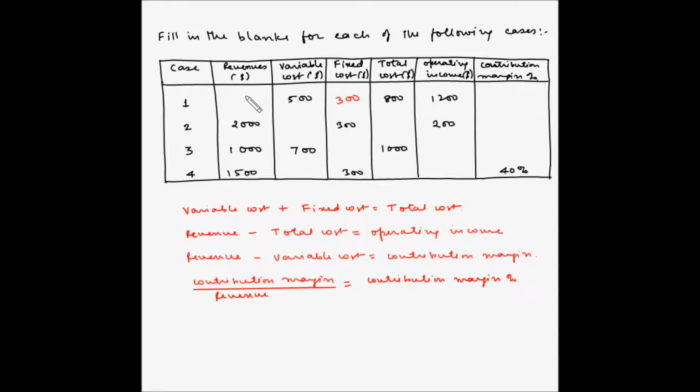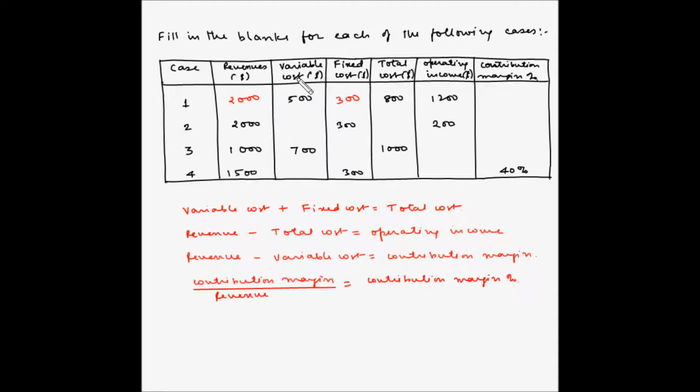Now we don't have the revenue, but we have the total cost and we have the operating income. And we know that revenue minus the total cost is equal to the operating income. So x minus 800 is equal to 1200. So x is equal to 1200 plus 800, which is 2000. Now contribution margin percentage is contribution margin divided by revenue, and contribution margin is revenue minus the variable cost.